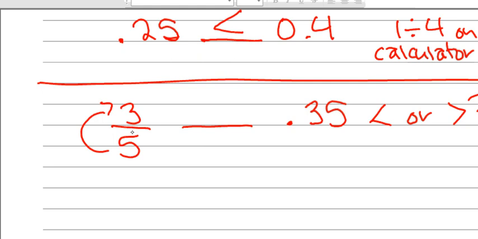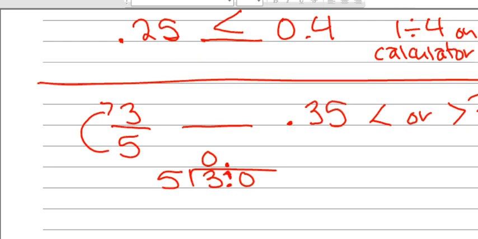So I'm going to take bottom into top. So I'm going to take 5 into 3, decimal point, add a 0, or 2 if you need to. Bring the decimal point up. Does 5 go into 3? No, too big. Won't go in.